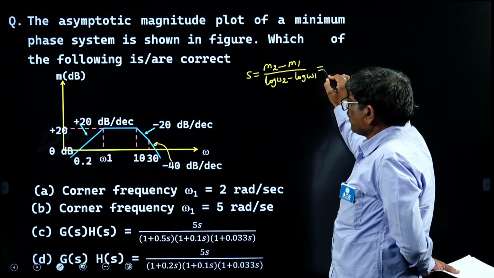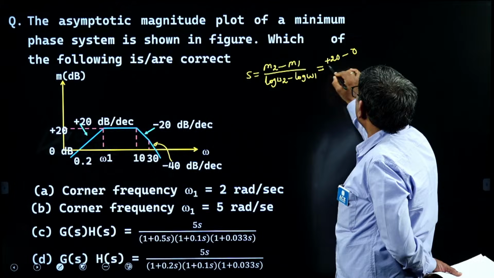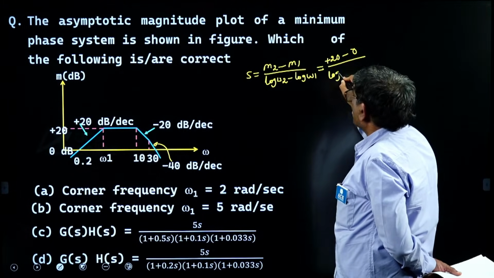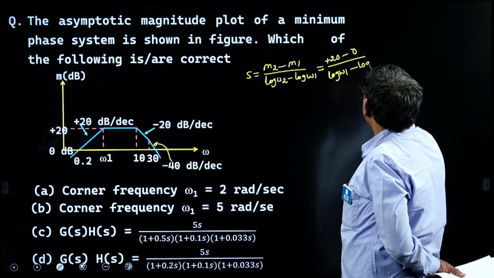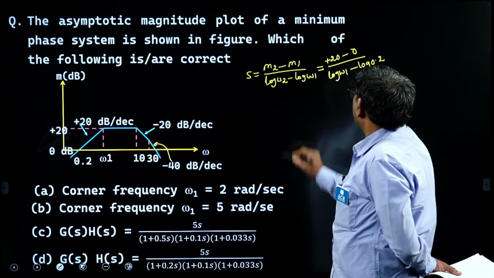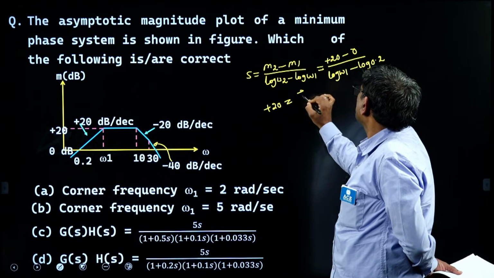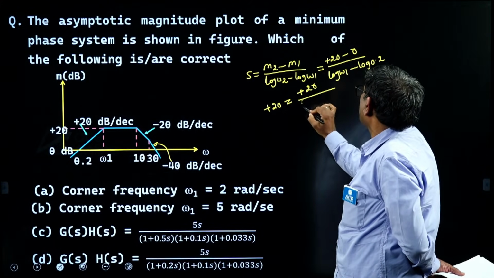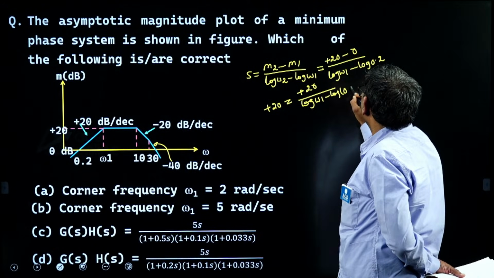M2 is 20, M1 is 0, divided by log of omega 2, which is nothing but omega 1, minus log of 0.2. Then the slope is plus 20. So plus 20 equals plus 20 divided by (log of omega 1 minus log of 0.2).